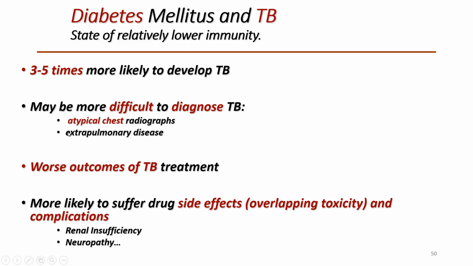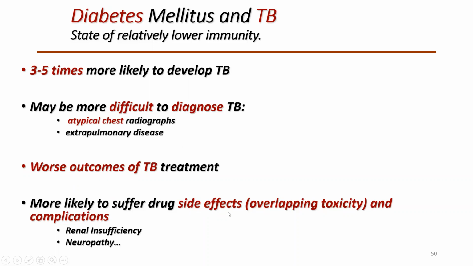It may be more difficult to diagnose TB in these patients because they might have an atypical chest radiograph picture, where it will not be your expected picture of cavities. Most of them develop extrapulmonary TB, not your typical pulmonary TB. And some of them may have worse outcomes of TB treatment when they have diabetes. So you need to be aware of them.